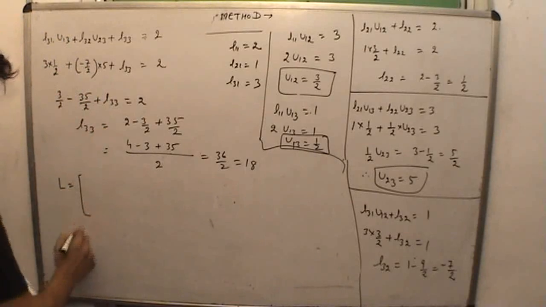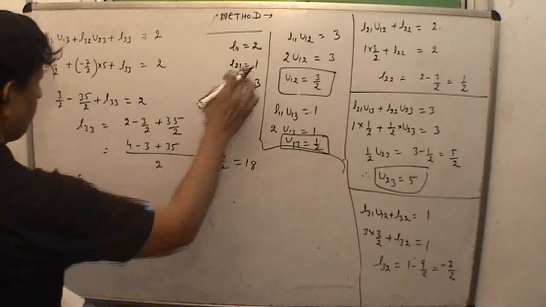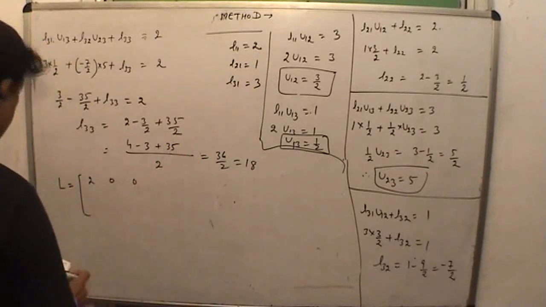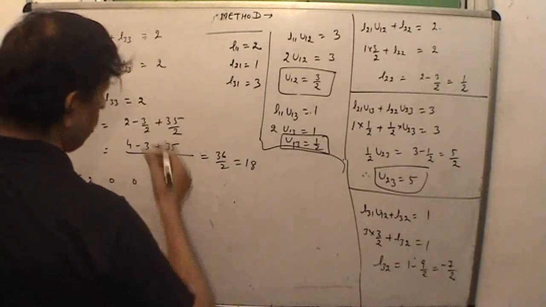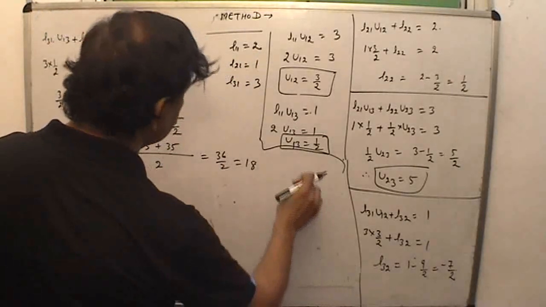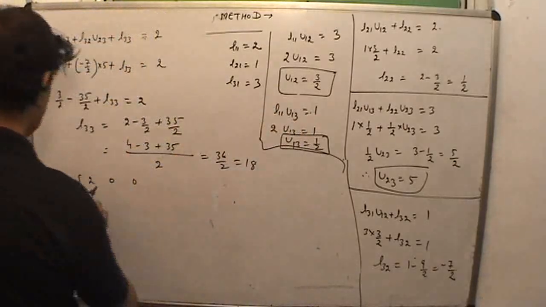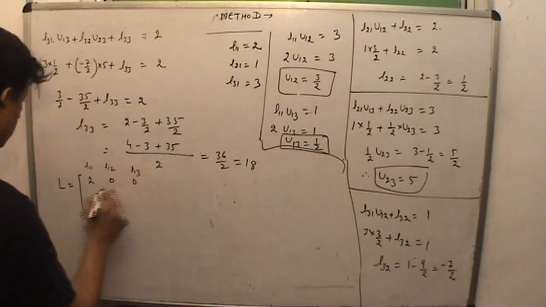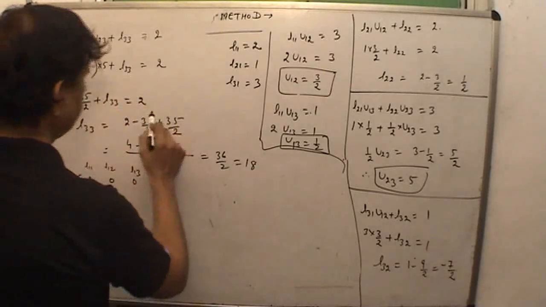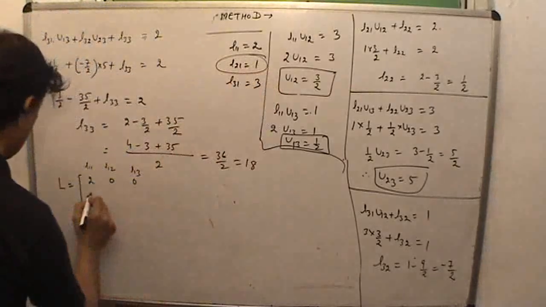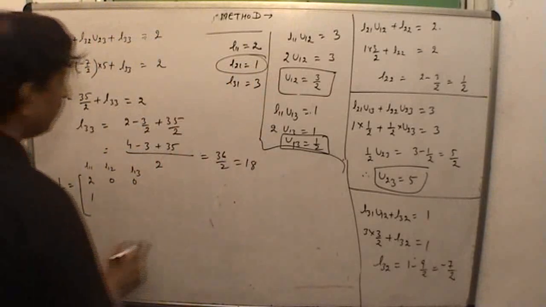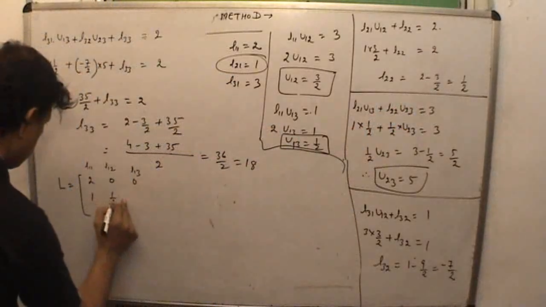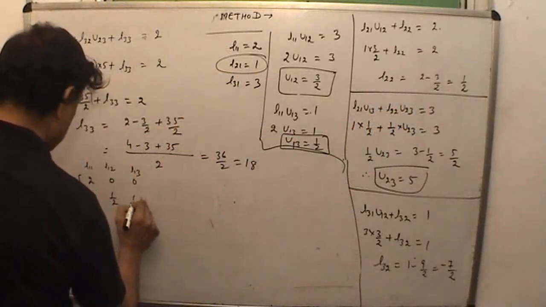Here L is equal to, if we separately write it, L11, it is 2, 0, 0, then L21, 1, then L22, that is 1 by 2, and L23, that is equal to 0.